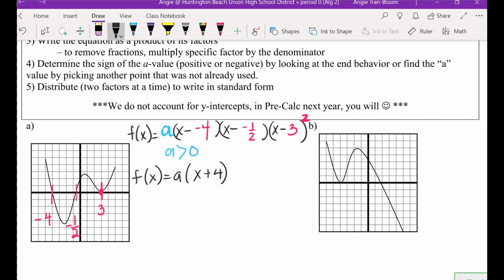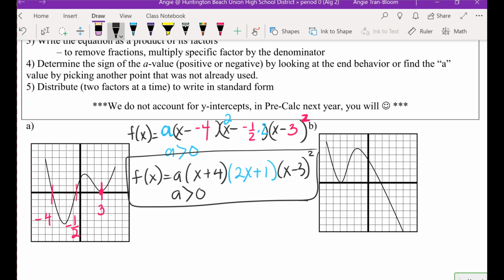How do you get rid of the fraction of a half? Multiply by 2. So now this is 2x plus a what? 1. Then the last one is x minus 3 to what power? Remember, you must tell me a is either positive or negative. And guess what? You can leave it in factor form.